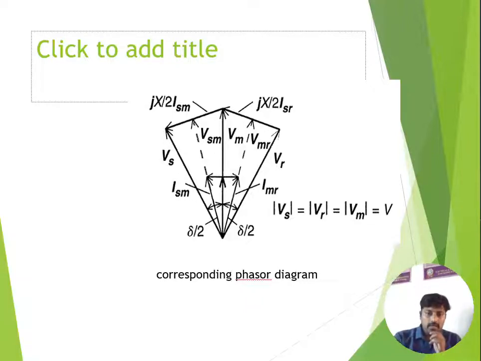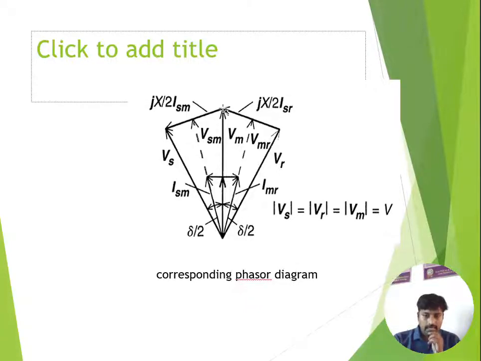We previously discussed the sending end voltage and receiving end voltage, Vs and Vr. Previously we represented them as bus voltages E1 and E2 in module 1. In this, Vs and Vr are always separated by a load angle delta. Between them, at the midpoint, you are representing the voltage Vm.